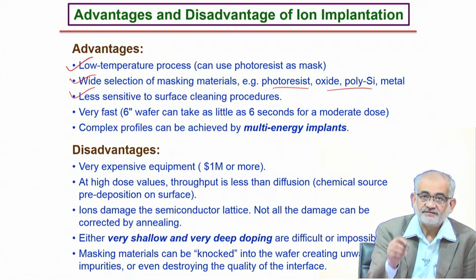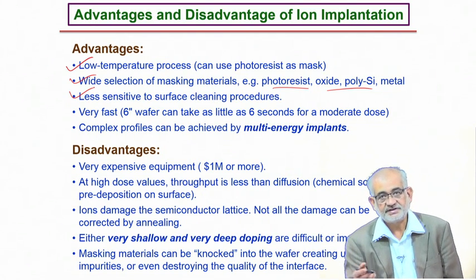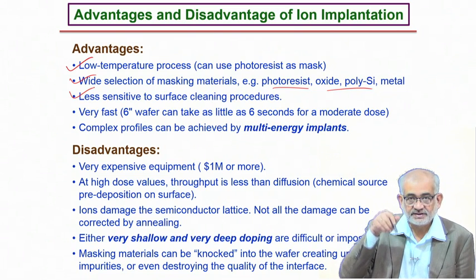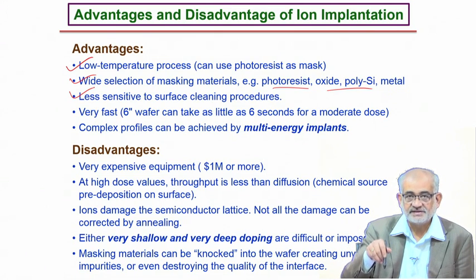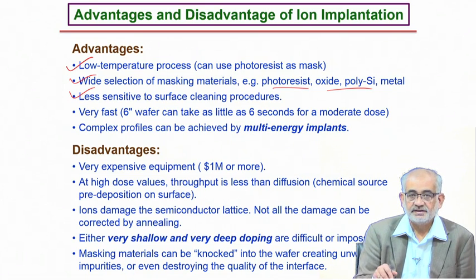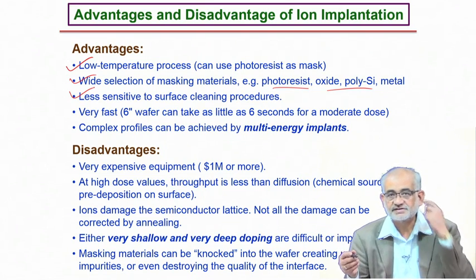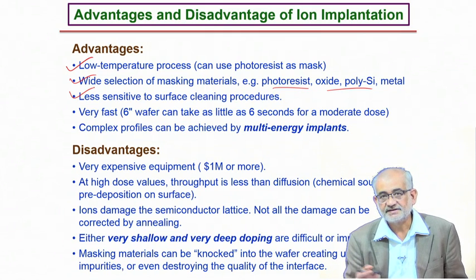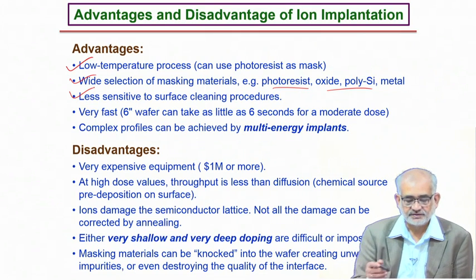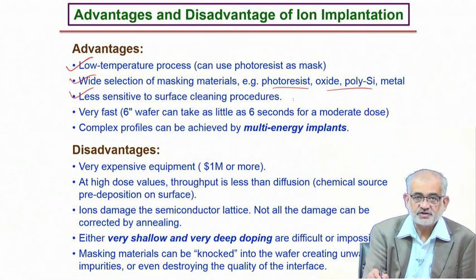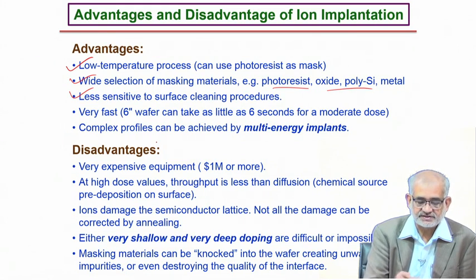So even if you have a few atomic layers of other impurities, the incoming energy is still large enough to penetrate or break that barrier and get inside. Whereas in a purely diffusion control process, a very thin oxide layer or a grease layer prevents diffusion from occurring. So this process is sort of a self-cleaning process to some extent.